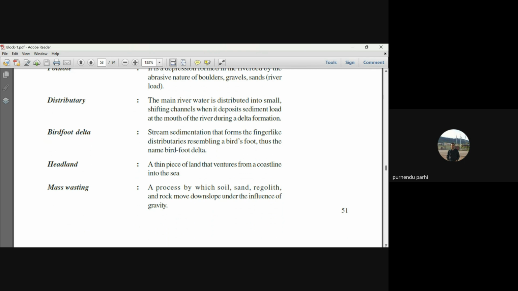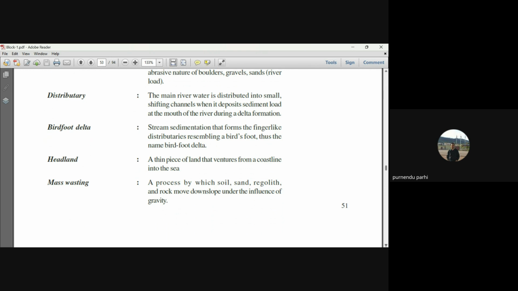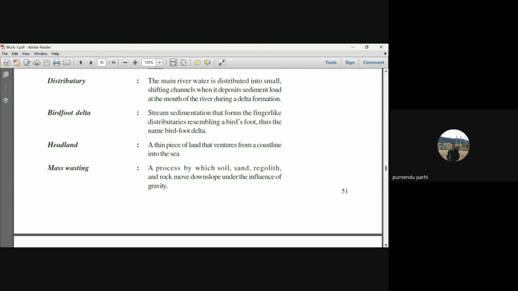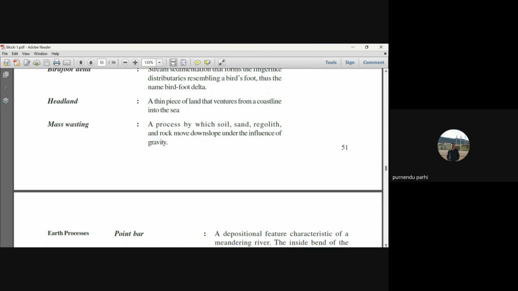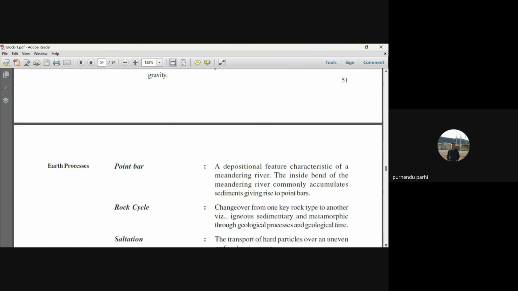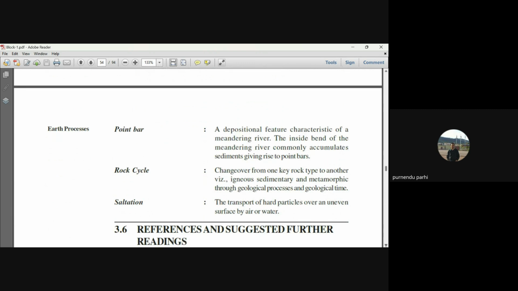Headland, a thin piece of land that ventures from a coastline into the sea. Mass wasting, a process by which soil and regolith and rock move downslope under the influence of gravity. Then point bar, a depositional feature characteristic of a meandering river.